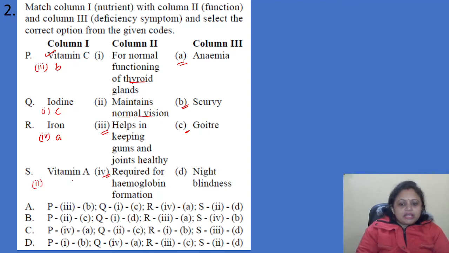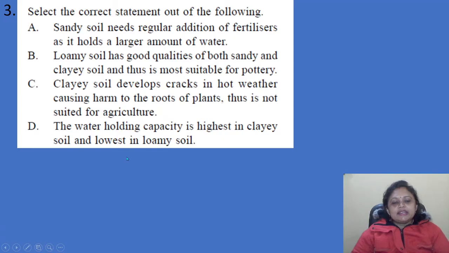And in the absence of vitamin A, night blindness occurs. So it is D. That is the correct match: P3B, Q1C, R4A, S2D. And where is it present? It is present in option A. Got it, everyone?